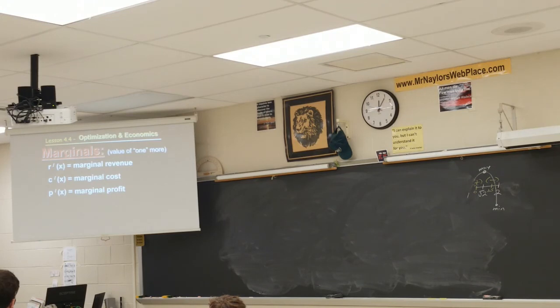So when you do the derivative of these three equations, you get what's known as a marginal. Now, on one level, a marginal can be an easy idea for us today. It's a derivative.